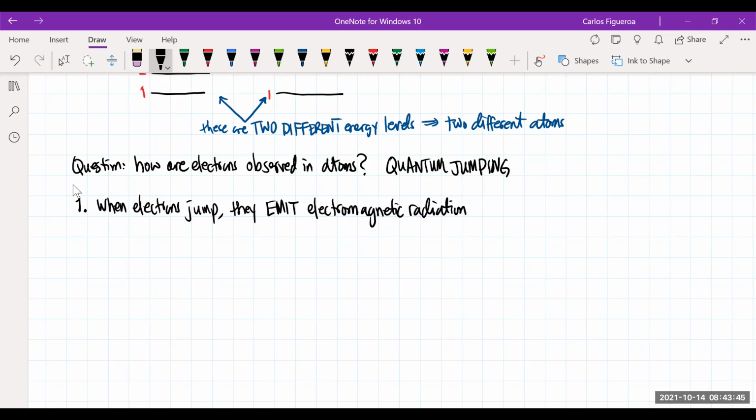In our case, we're not going to look at all of the different types of radiation. We're just going to focus on visible light, even though they can emit other kinds of light. So when electrons jump, they emit electromagnetic radiation. Why? Because they're going from a higher energy to a lower energy, plus they need the energy of emitted light.